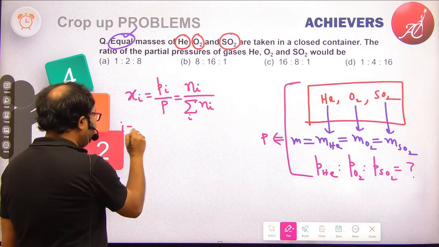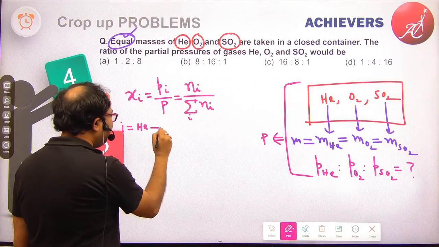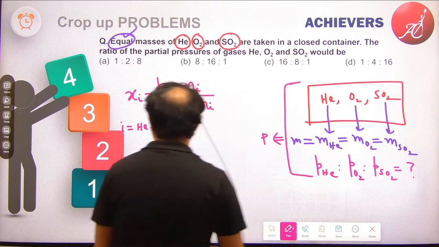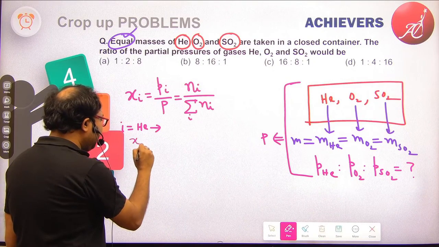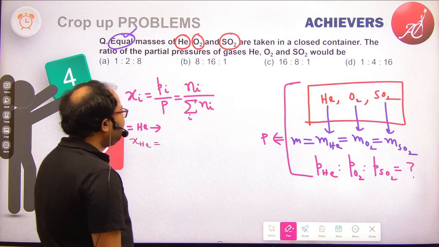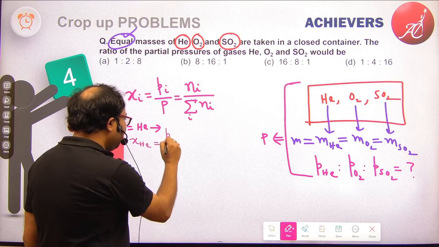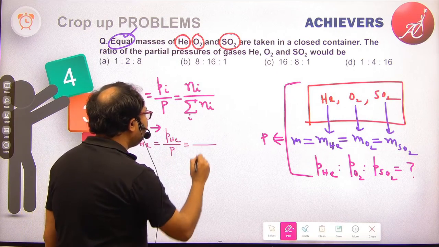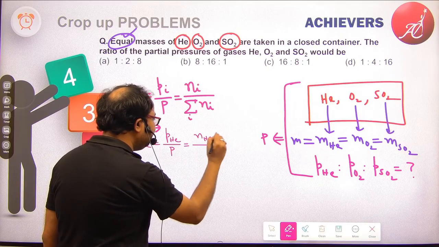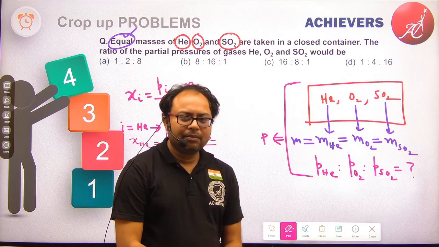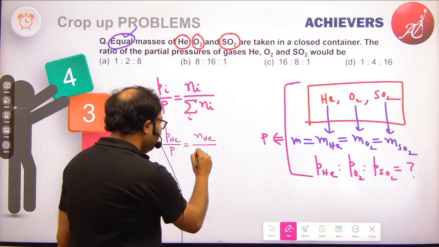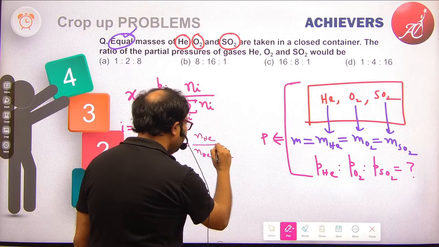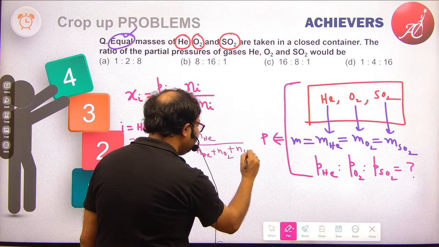So when i is helium, XHe is equal to the partial pressure of He divided by total pressure, equal to the number of moles of He divided by the number of moles of He plus the number of moles of O2 plus the number of moles of SO2.